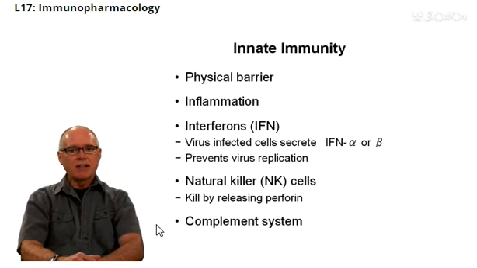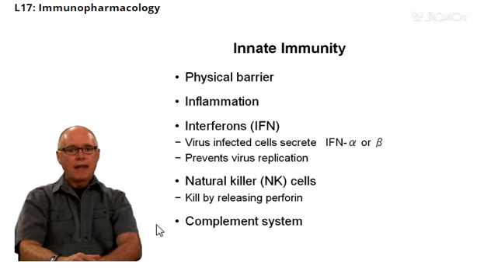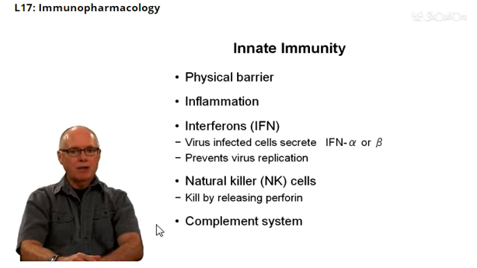NK cells are activated by interferons and cytokines released by activated macrophages, such as interleukin-12. NK cells protect against viral infections, tumors, bacteria, and protozoans. They can also play an important role in the adaptive immune response because they can be activated by T cells, and we'll talk a little more about this in the coming sections.